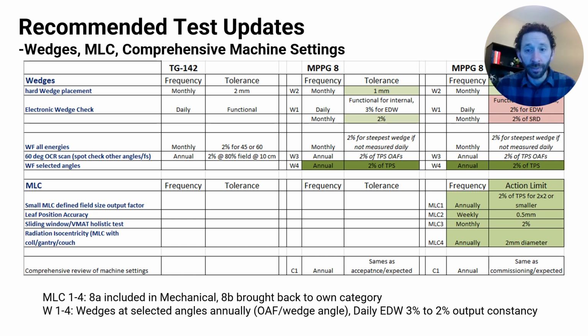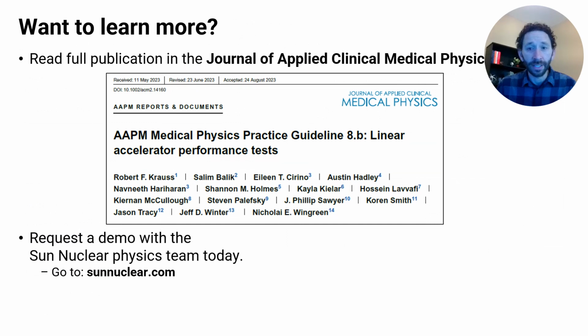MLC tests are pulled out specifically here, looking at different factors that build out the robustness of the MLC testing. So MLC now gets its own category again, as it had in 142, and there's good data to indicate that it should be tested routinely. So hopefully this suite of tests is helpful to review.